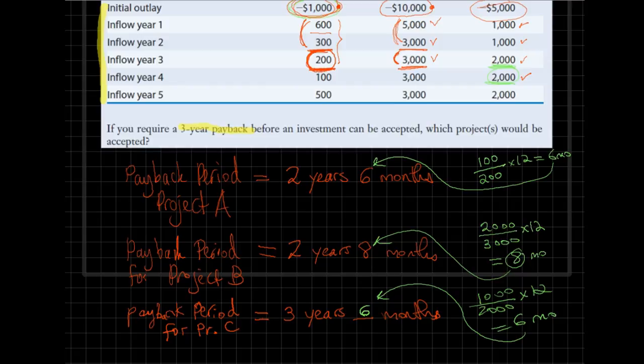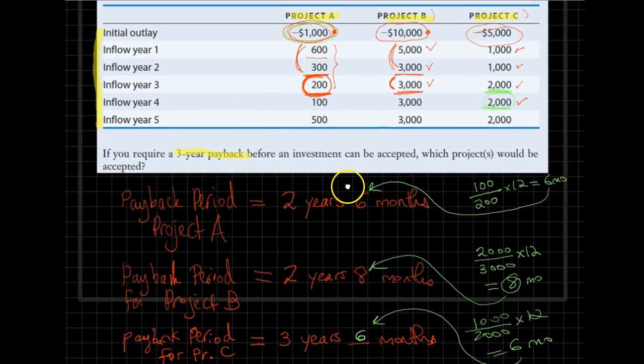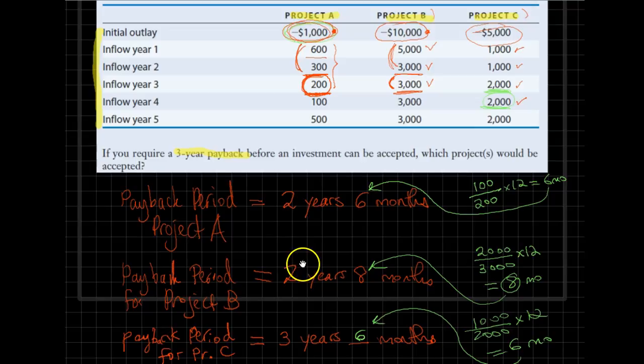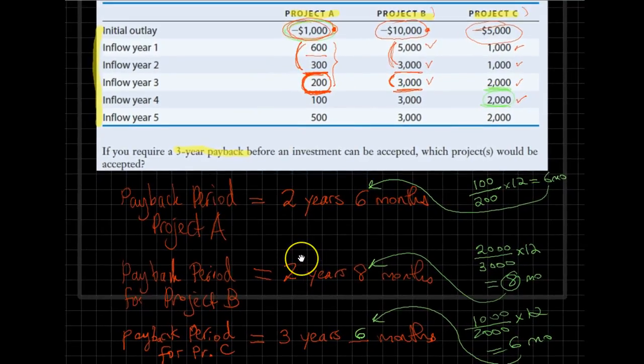So we have calculated the payback period for all 3 projects. Now the question is, which ones are acceptable given that the threshold is 3 years. Because we can recover our initial investment in less than 3 years, project A is definitely acceptable.